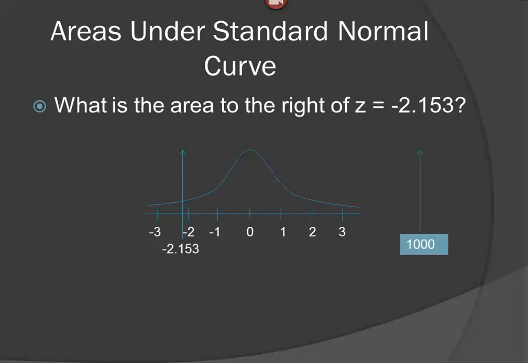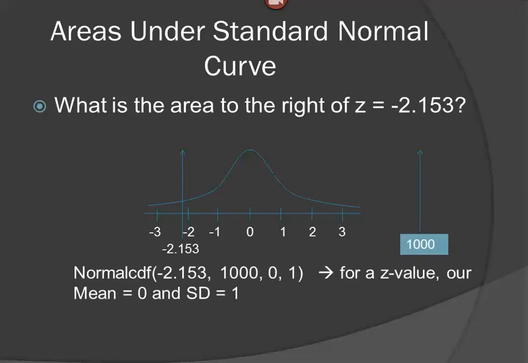We're going to use positive 1,000. Notice negative 2.153 is on the left, my left-hand boundary, and 1,000 is my right-hand boundary. Whenever your infinite boundary is on the left, it's going to be negative 1,000. If it's the upper boundary, it's going to be positive. Comma 0, comma 1. And we find that the area between these is about 98.4%.